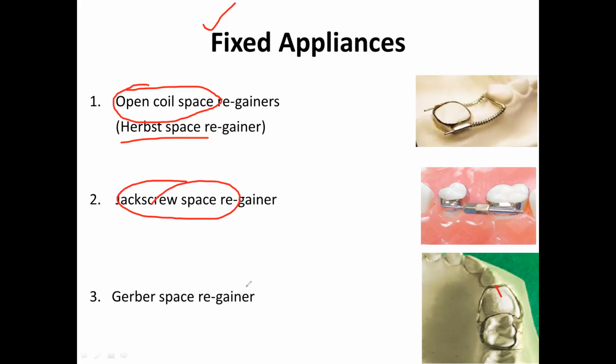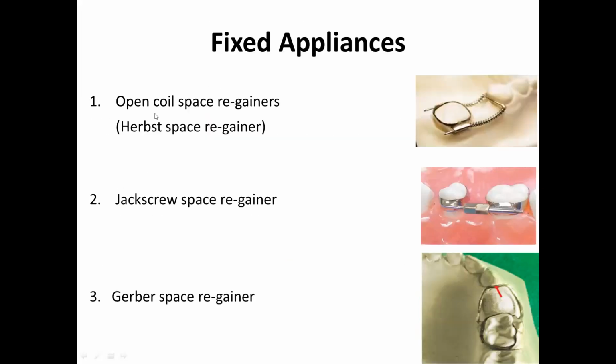See, again and again we are saying regainer. It means the lost space we are going to regain back. And the third appliance is called the Jobo space regainer. We'll be talking about each appliance in detail, how they are and how we can differentiate between these appliances.